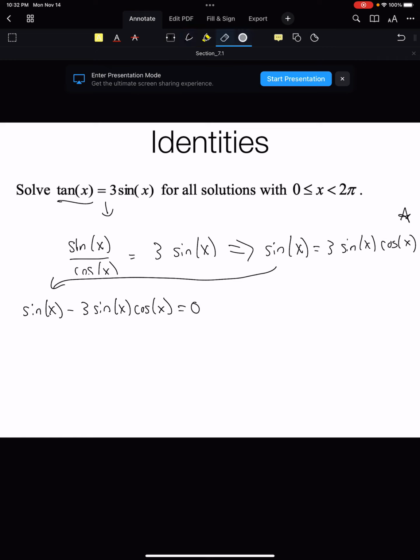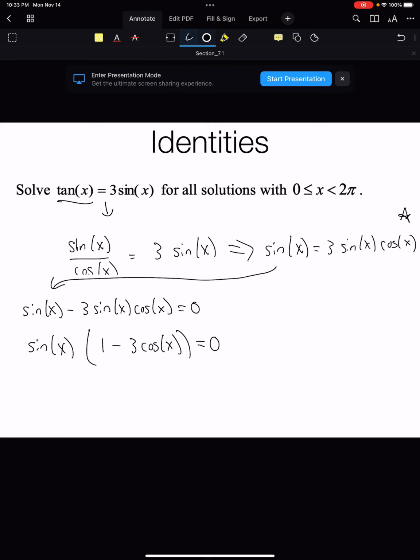And so now I have something equals 0. Sine is common to both terms, so I could pull sine out. So I have the sine of x multiplied by 1 minus 3 cosine of x, because sine was common to both.